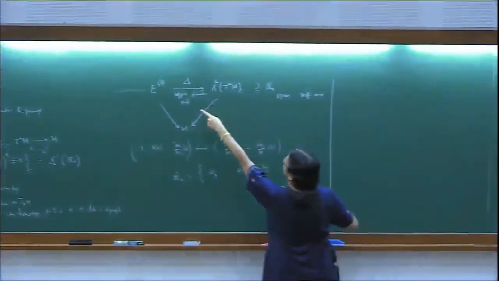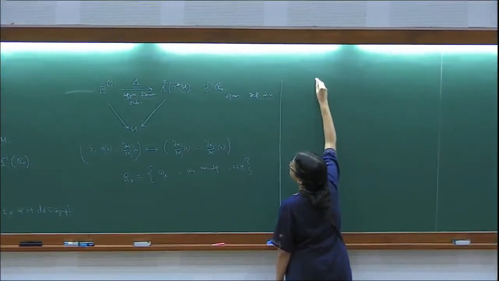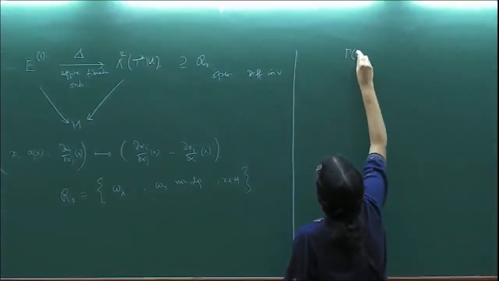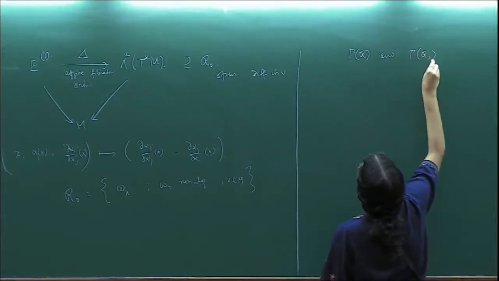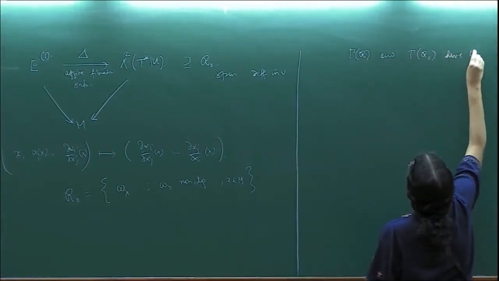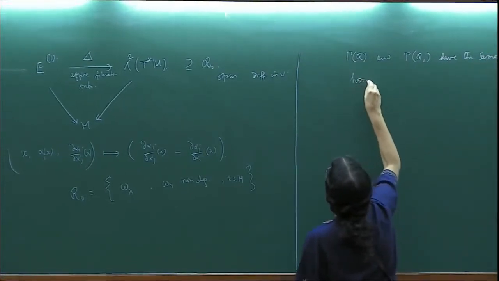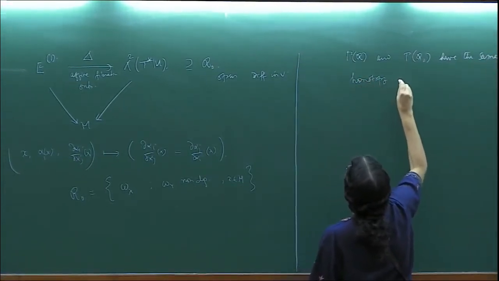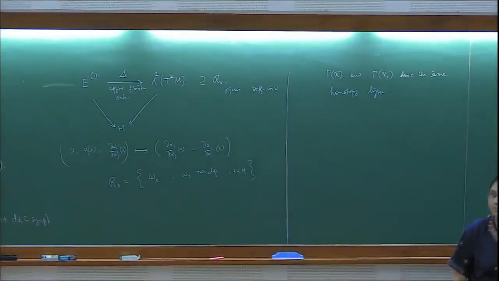Because delta has this property, the section space of R and the section space of R naught have the same homotopy type, because the fibers are contractible.